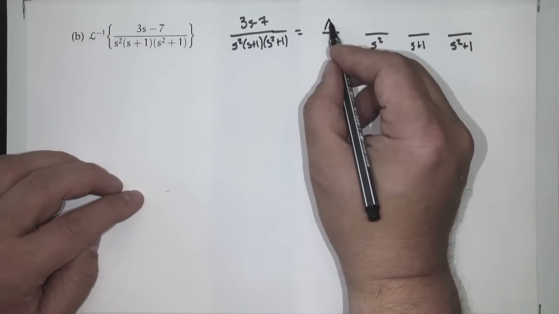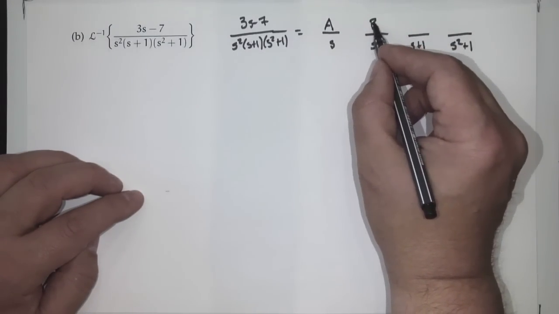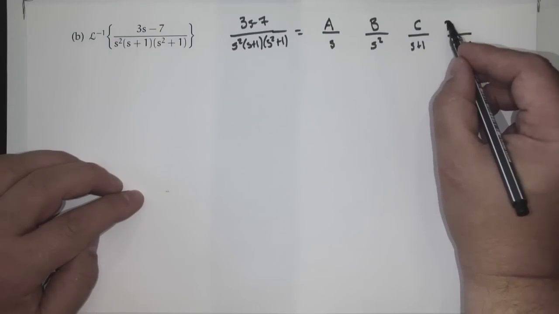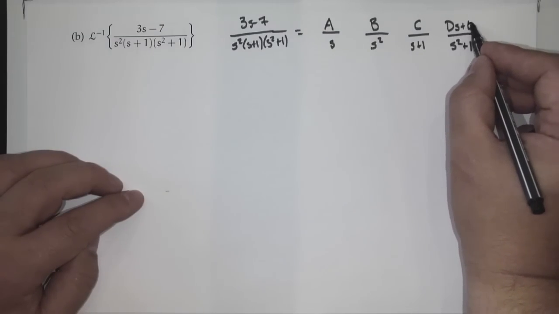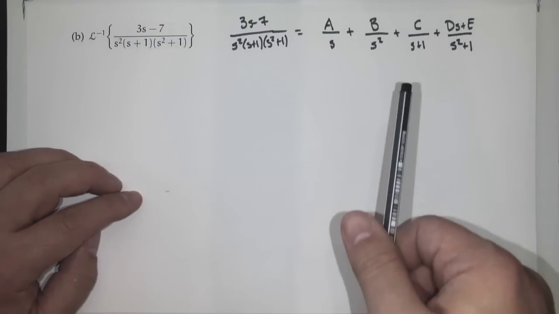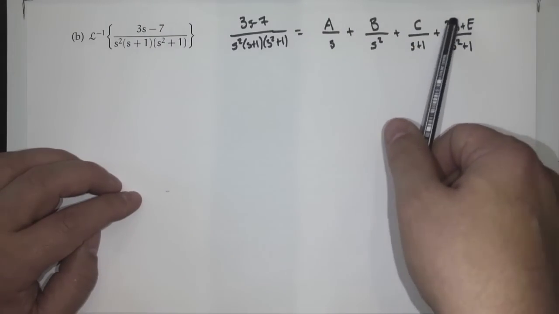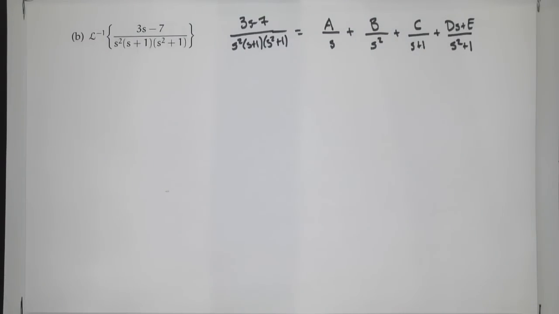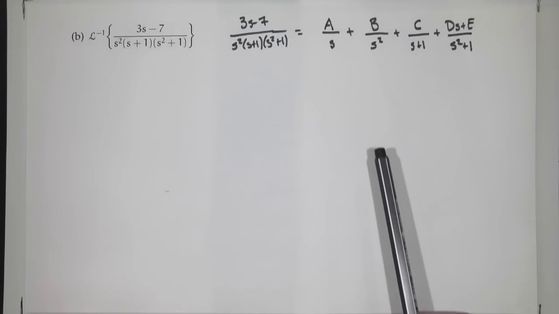Upstairs, we're going to have a constant, another constant, and a d times s plus e. Now, this is usually the point where people say, why did you put a ds plus e here, but not there? And the answer is, look at the downstairs.